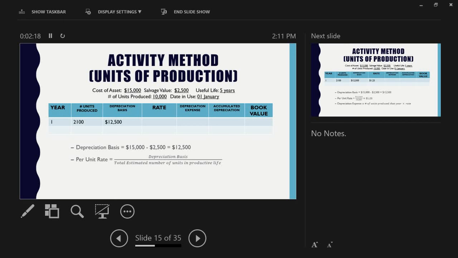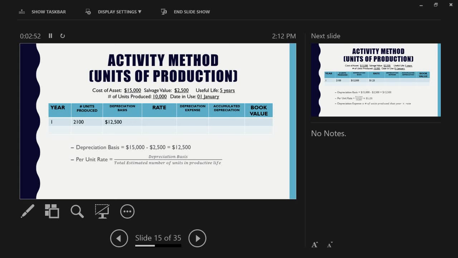Now the next thing you're going to solve for is the per unit rate. What is that formula? Depreciation rate equals the depreciation basis, which we came up with as 12,500, divided by the total estimated units, which is 10,000. That's correct.